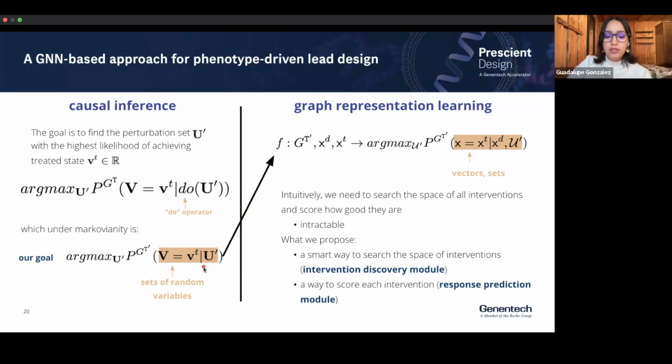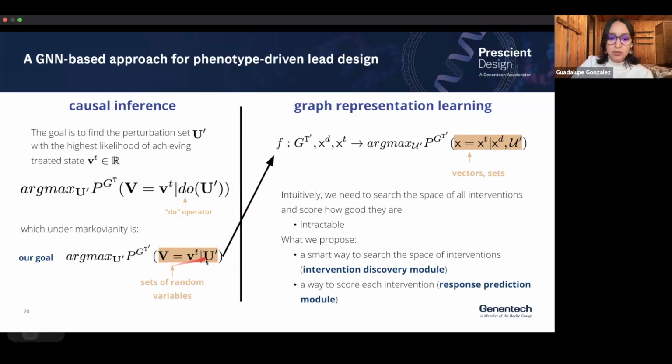So the bar represents a condition on U. So given that we see U being a specific set of genes. And then you're saying you're trying to find the graph such that the conditional is equal to the interventional distribution, or something else? We're trying to find the U prime.